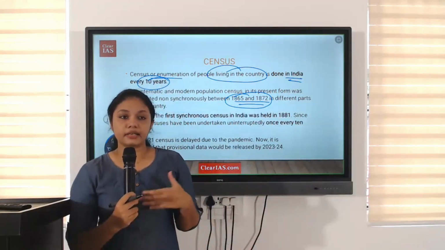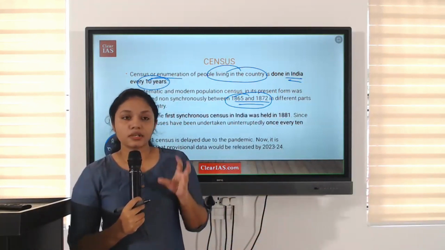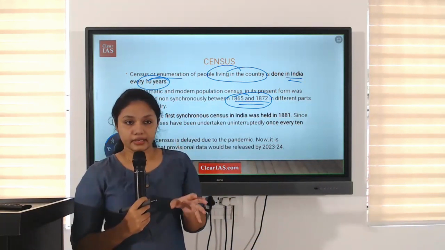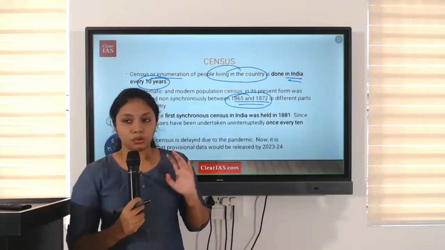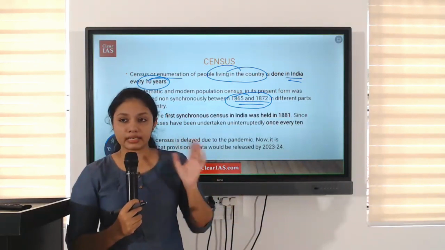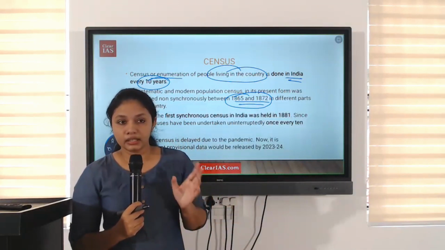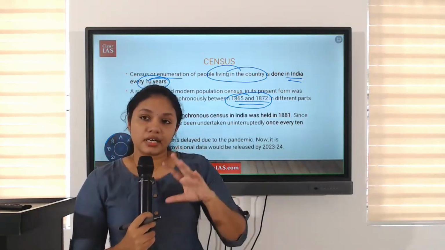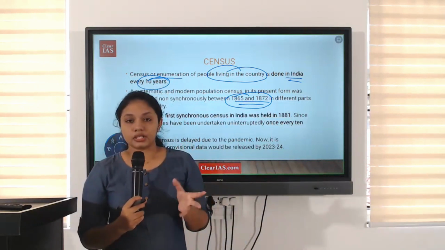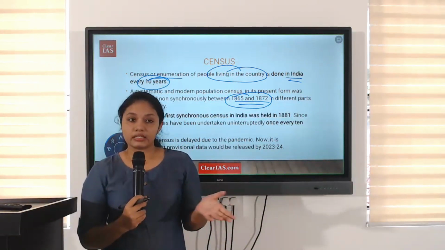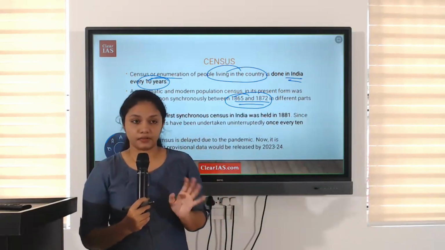It was not exercised in every part of the country. It was an isolated exercise, that is, in some parts of the country only, and that too in a non-synchronized way. Clear? So we can trace the census history from 1865 to 75 times.